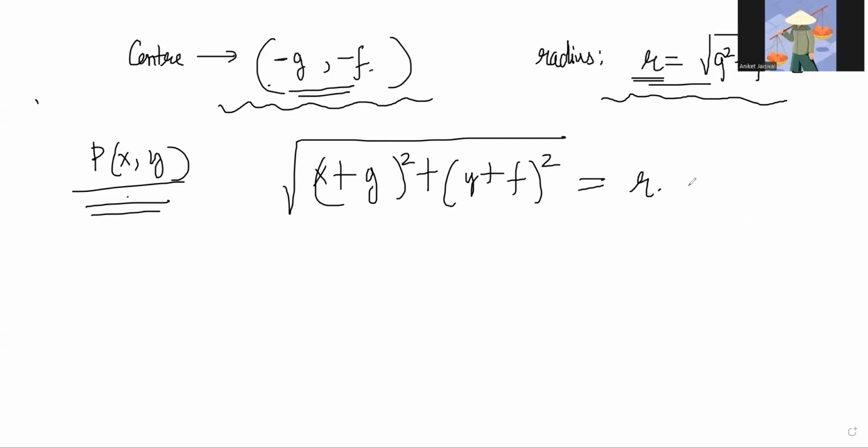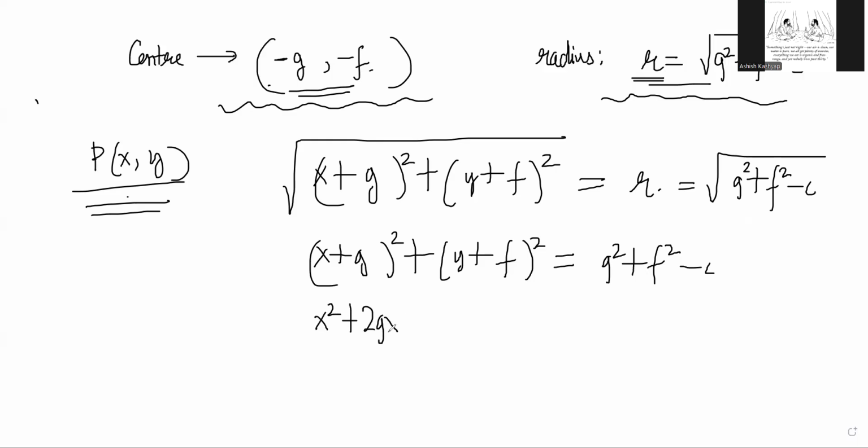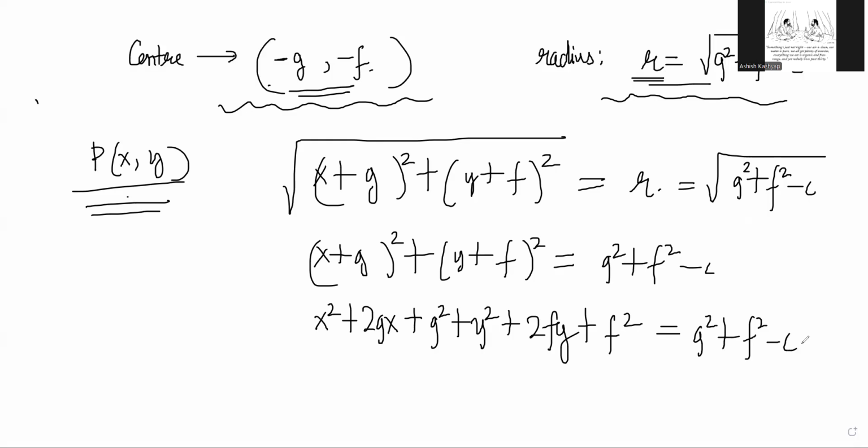If you write r as root over g square plus f square minus c and square everything, you will get x plus g whole square plus y plus f whole square is equal to g square plus f square minus c. And if you expand it, you get x square plus 2gx plus g square plus y square plus 2fy plus f square is equal to g square plus f square minus c.